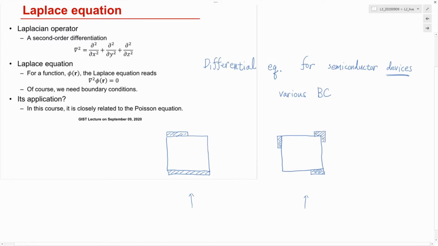Then what will happen? Can you expect that the property of your device is the same for this one and that one?